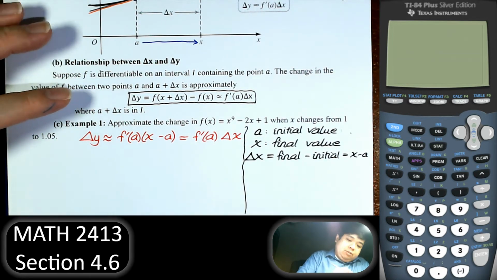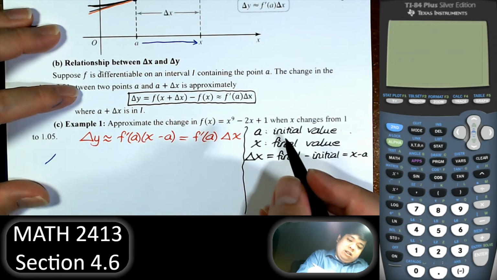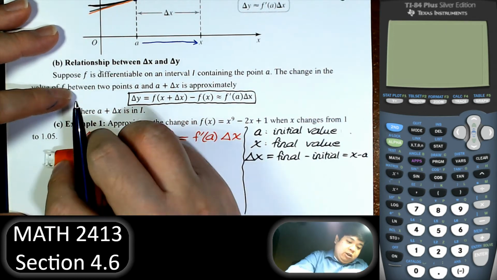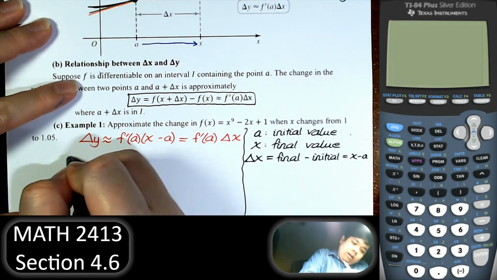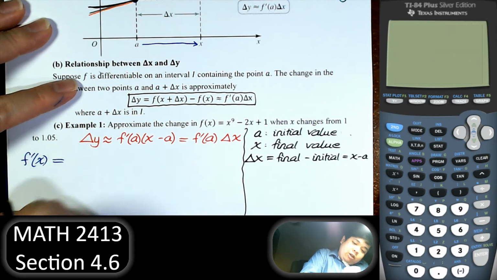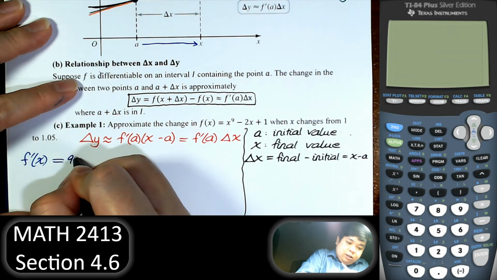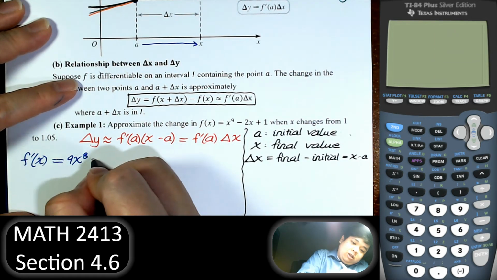So in this case, the function is that. Let's just find the derivative first. The derivative is equal to 9x to the 8 minus 2.